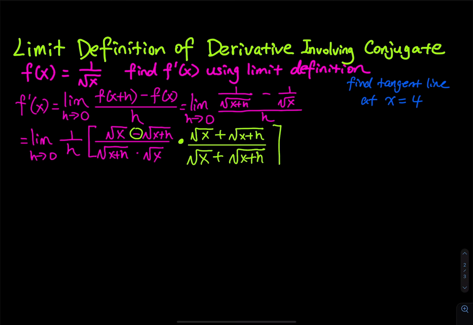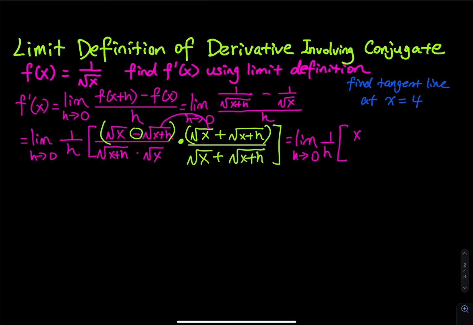What is the next step? The next step is you have to multiply these two factors. Okay, what is that equal to? You have limit as h goes to 0, 1 divided by h, square bracket. So you multiply the top, x times x, the square root is gone, and then you have a plus and a minus, right? So this one gives you a plus, and then you get a minus immediately.